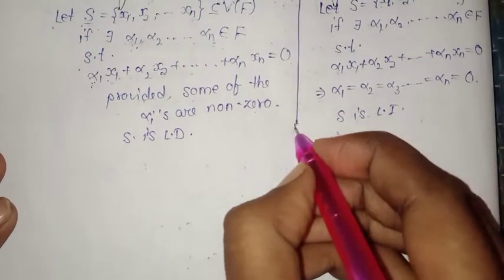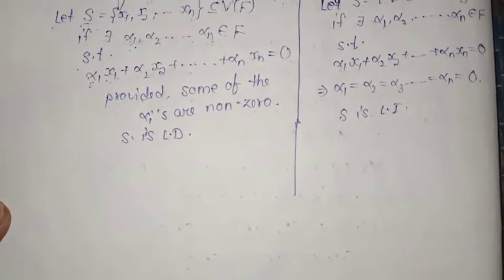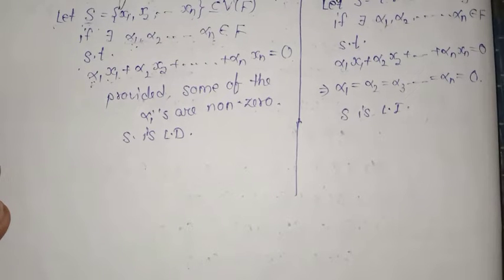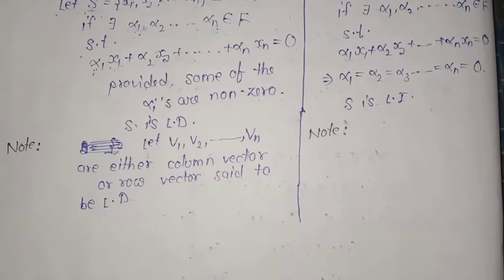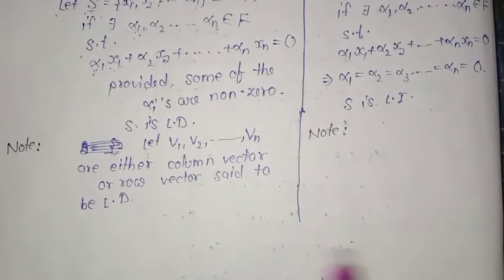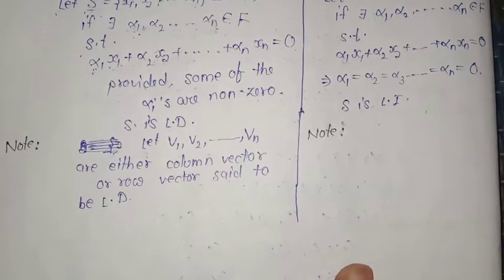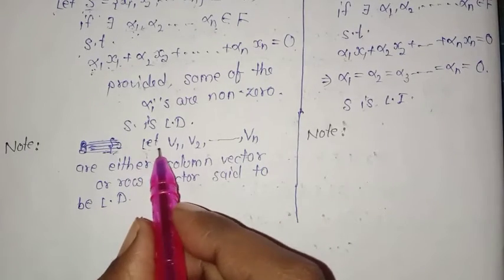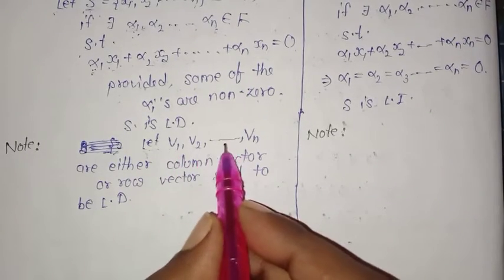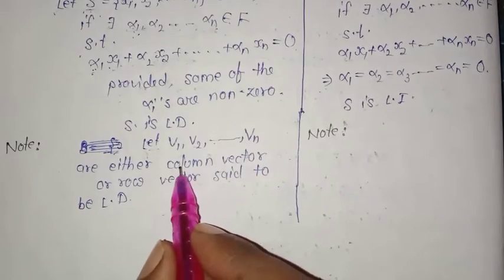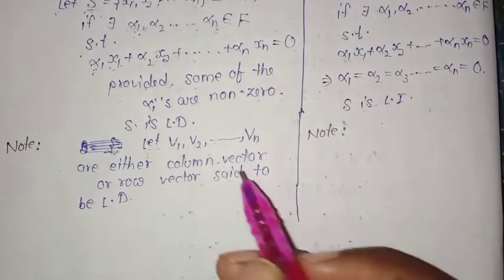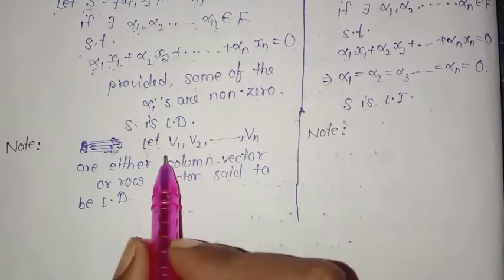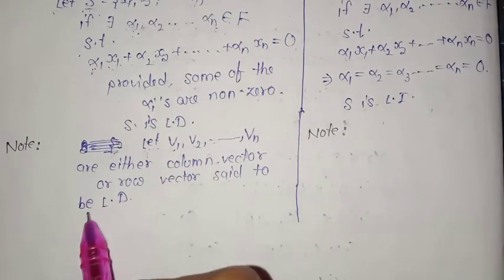There are some more methods to check whether the given set of vectors is LD or LI. So let's discuss them. For the next method, we will take the set of vectors v1, v2, and so on vn in the form of column vectors or row vectors. Because they are given in the form of triads or ordered pairs, we will take them in a matrix.